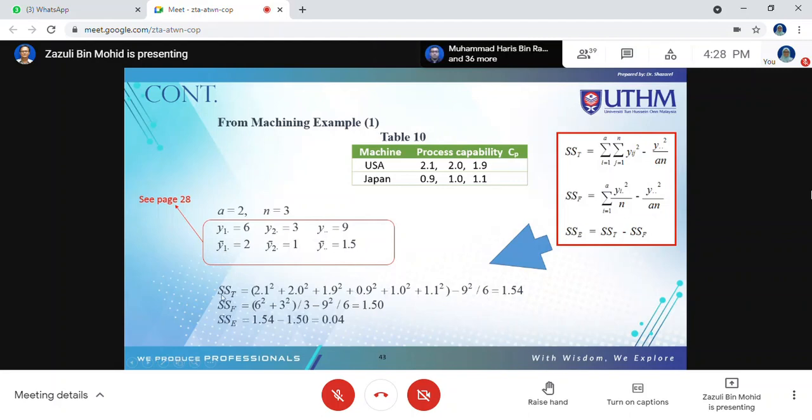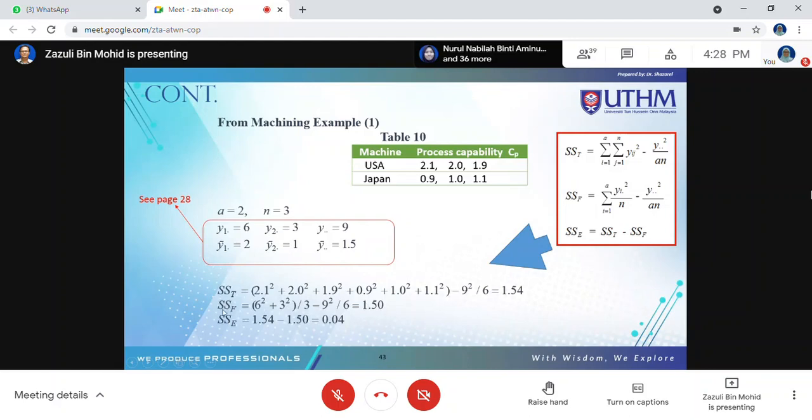So you can calculate the SST, which is the square of the first data plus the square of the second data plus the third data, and then go to the next level data, square each of them, accumulate all of them, and then we deduct it, or minus, 9 square divided by 6. 9 is the value of y dot dot, and we can get 1.54.